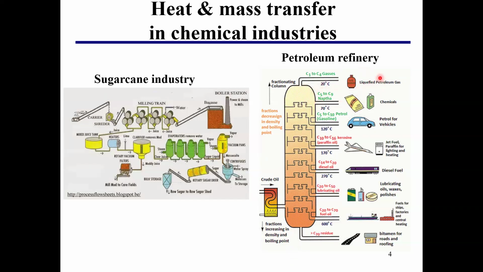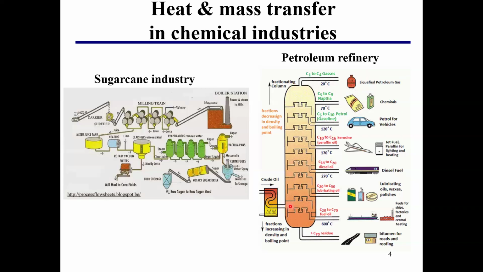And over there, not shown here, is a condenser or a condensation unit which condenses the vapor, and the condensate, which is in liquid phase, travels from top to the bottom, right?